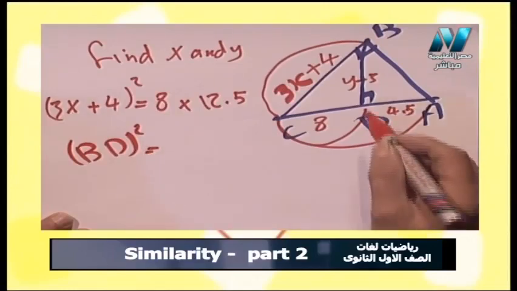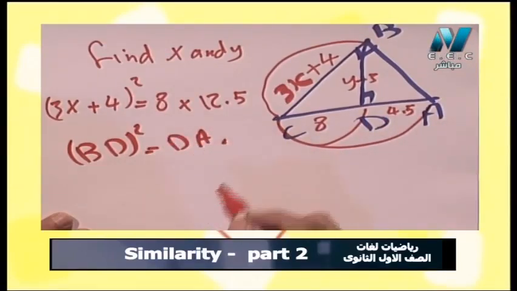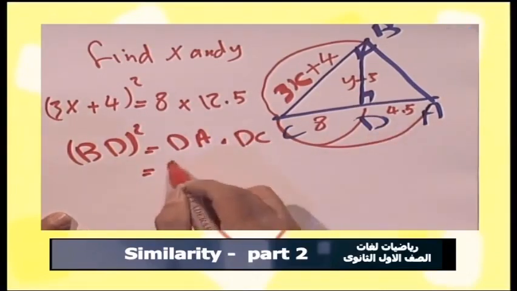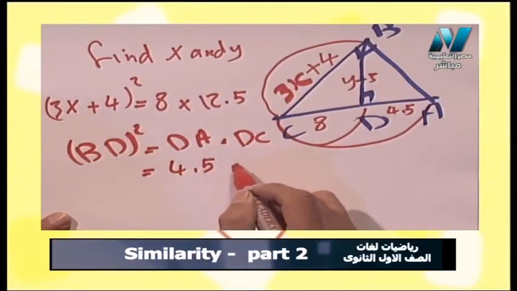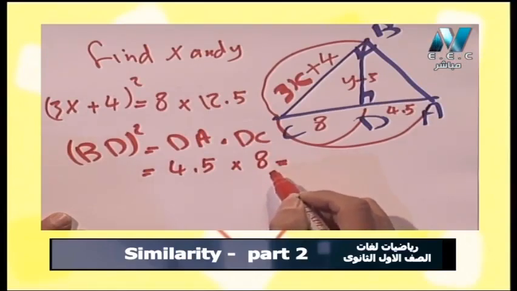And we have BD power 2 here equals DA multiplied by DC. DA here equals 4.5 multiplied by 8.